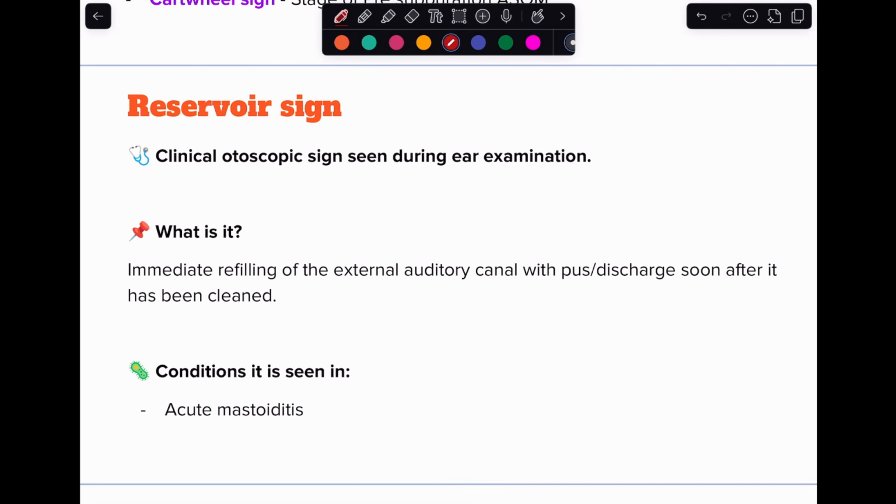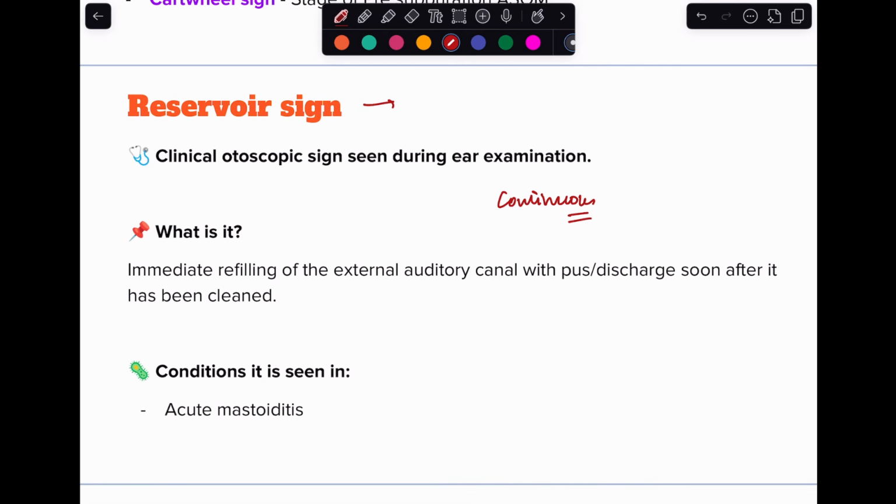This rapid reappearance indicates that there is continuous pus production happening inside the mastoid or the middle ear, which is why the moment you clear it, the pus from the middle ear and the mastoid starts draining into the external auditory canal again.